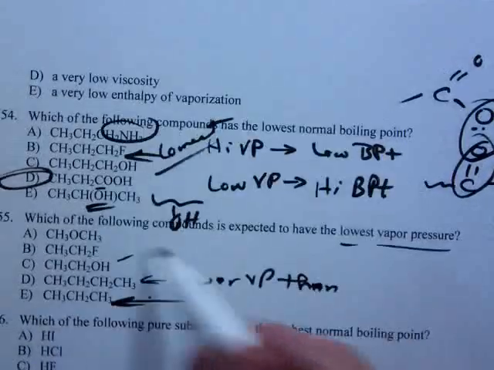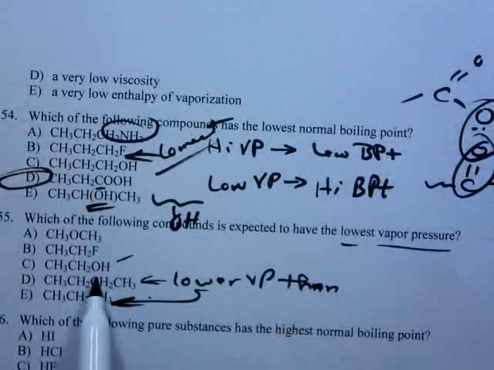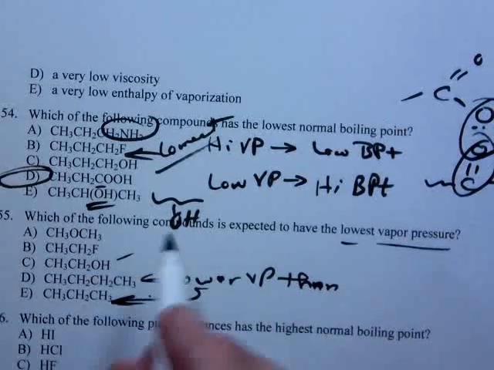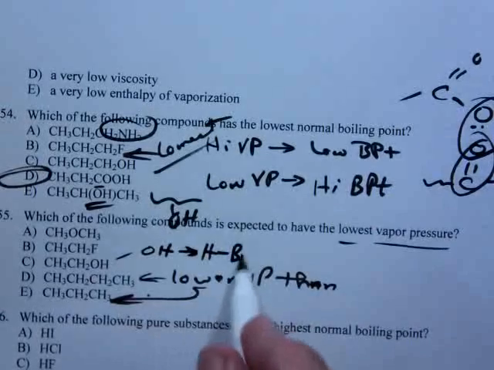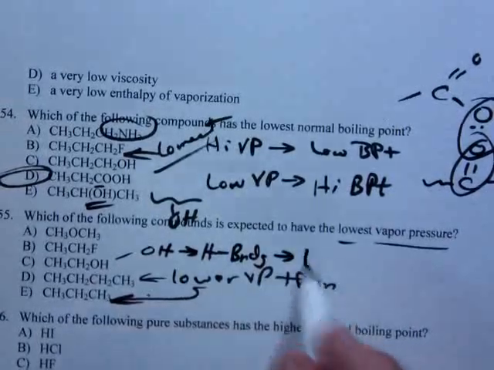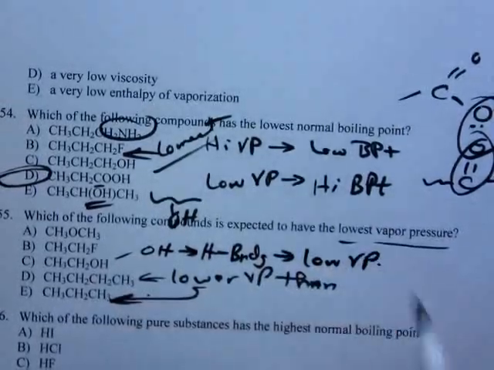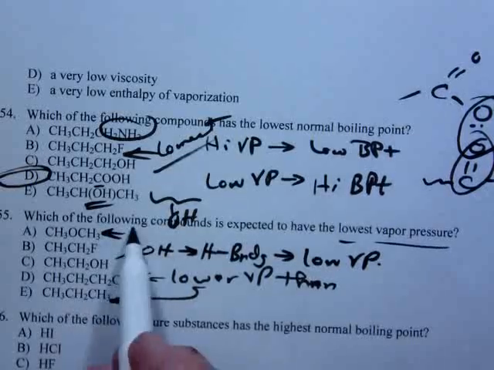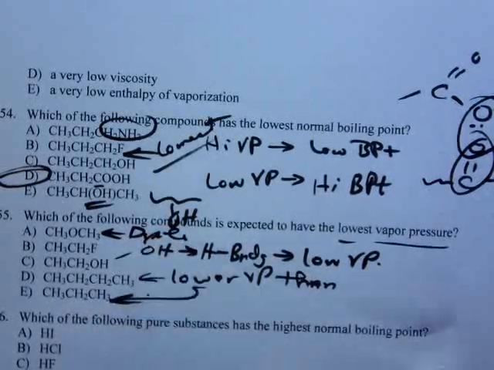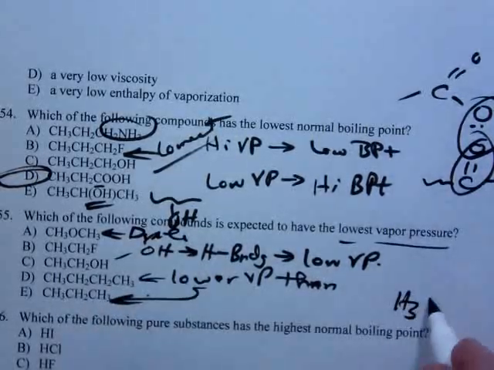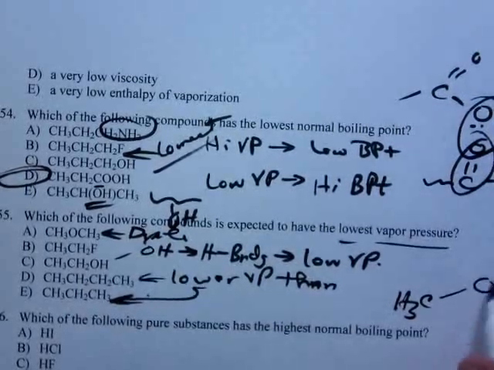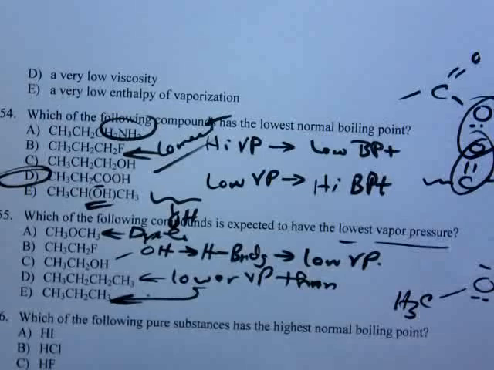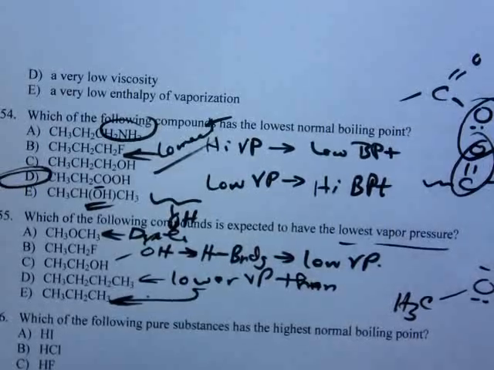Now this one has an OH group in it, hydrogen bonding, so the OH yields hydrogen bonding, and that yields a low vapor pressure. Now this is a dipole. Actually it's like water, but it's a partial negative, partial positive like that.